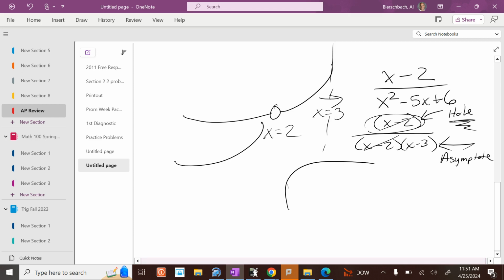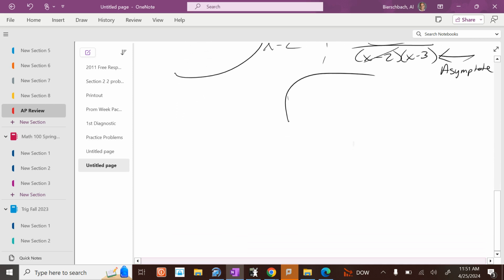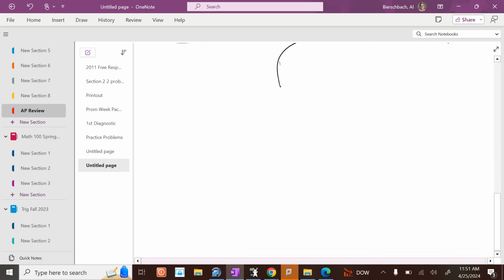All right. So after that, we had chapter 2, which was just your very basic derivatives, all your derivative rules. Okay? So you might get hit with the limit definition of a derivative.